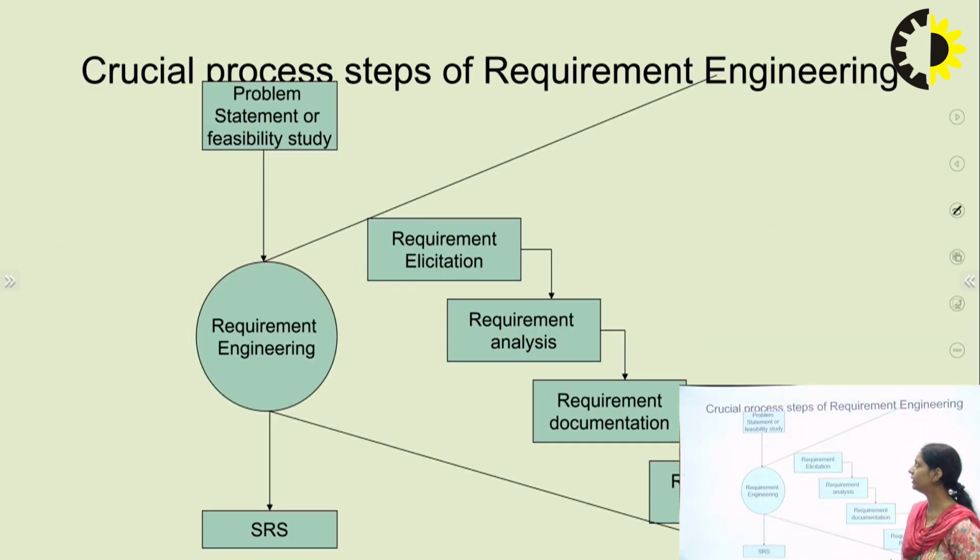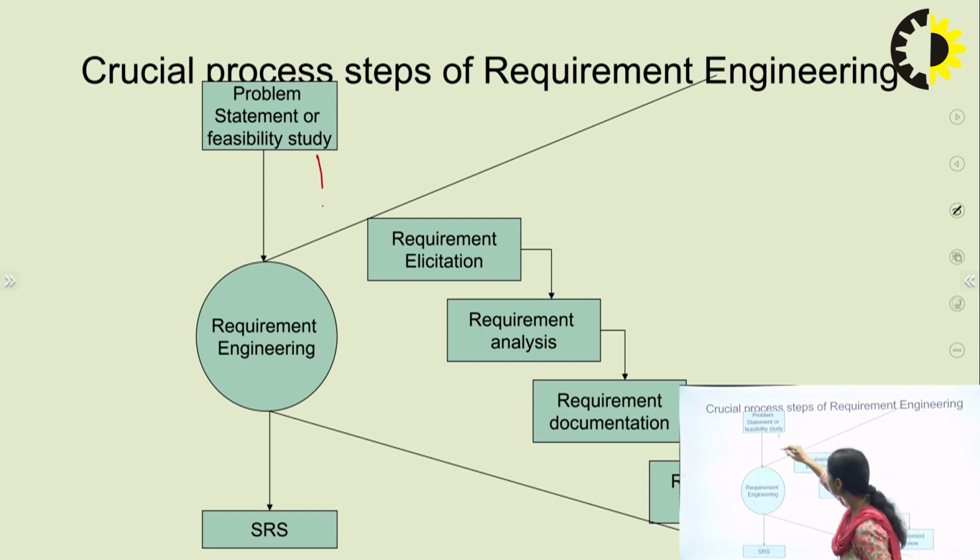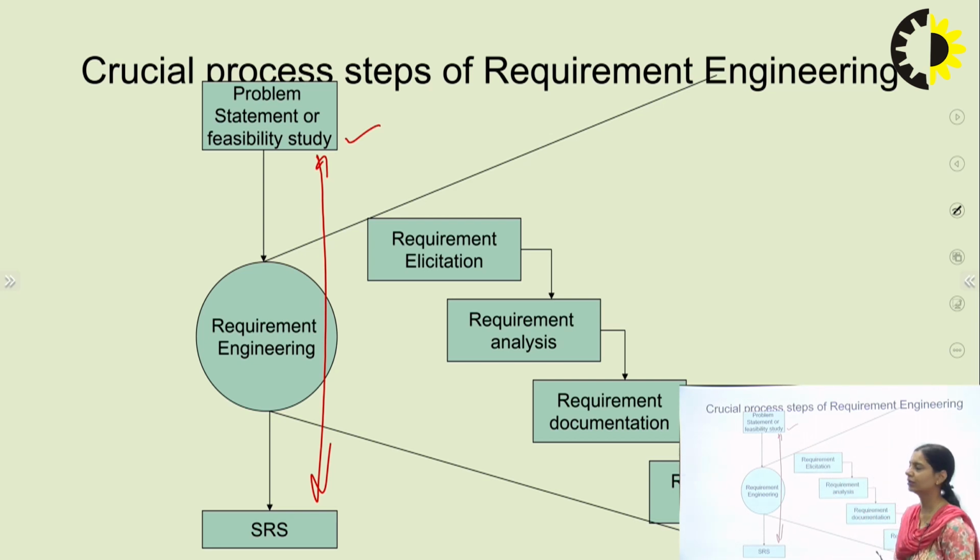Now if we try to understand it diagrammatically, this is the main process that happens. It starts from here where the problem statement is studied. The user comes up with the problem statement, that yes, I want a particular software to be built.